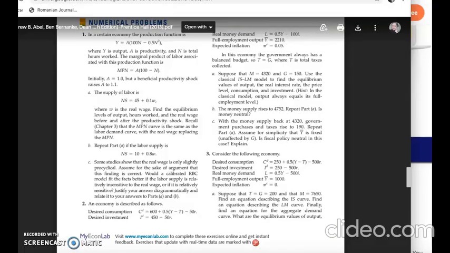This is the third part of the fifth tutorial session, where we remain at the second problem of chapter 10, part B. The money supply rises to 4,752. Repeat part A: money is neutral.